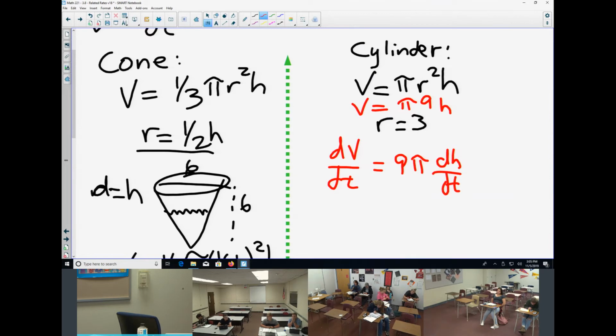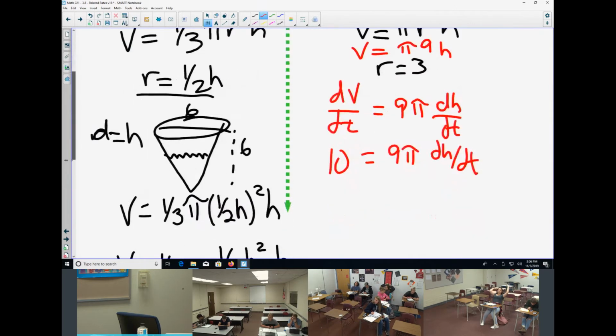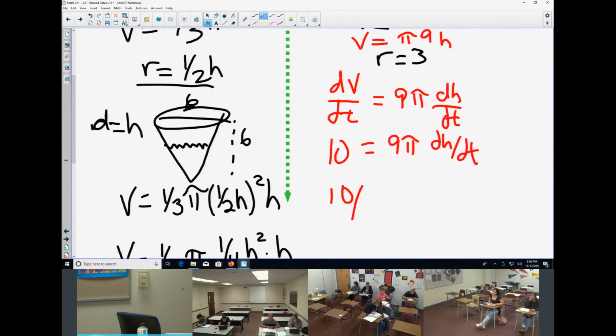All right, and so in this case, dV/dt is going to be positive 10. So 10 equals 9 pi dh/dt. And so this is actually the change in height of the cylinder. So it would be 10 divided by 9 pi is dh/dt. So that's the change in the cylinder.